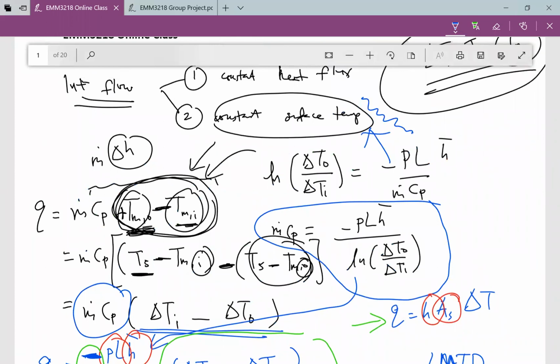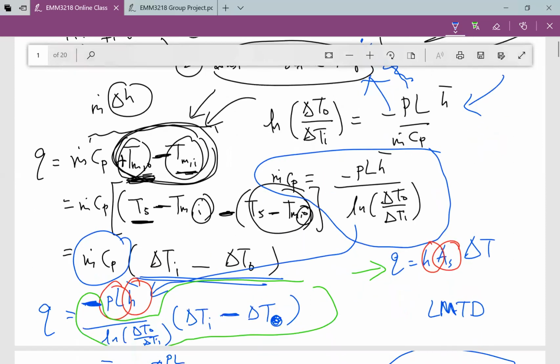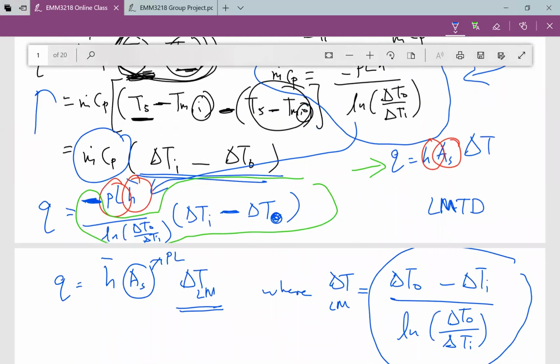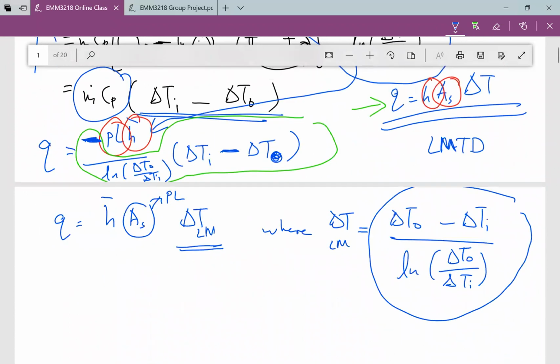You remember the derivation? If you don't remember, you can look at the previous videos. So we derived this equation until you get that equation, and then today what I did was to use this Q and the m dot Cp from the other equation put together, and then using the Q that is related to convection, HA delta T, and therefore from there we get this log mean temperature difference.